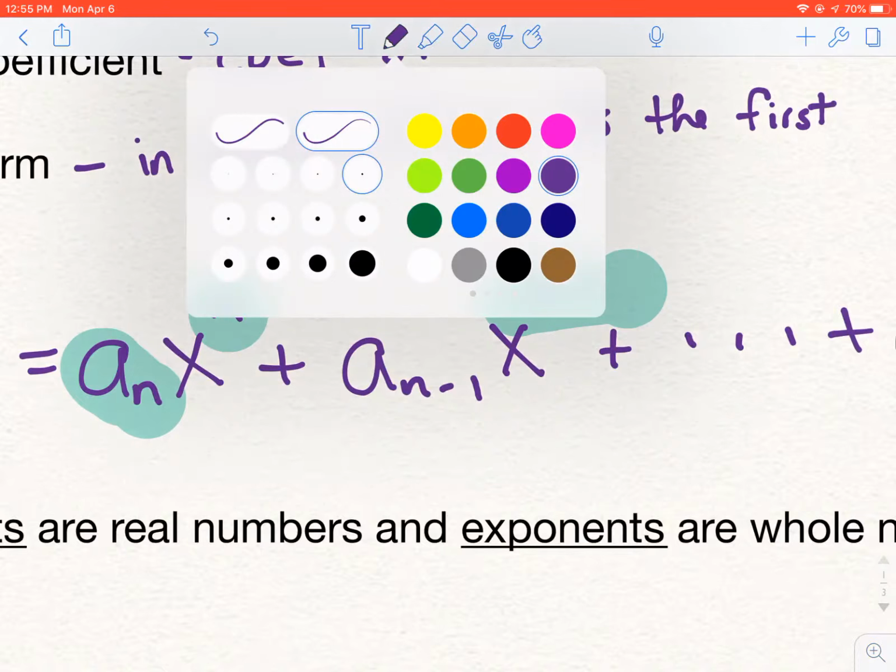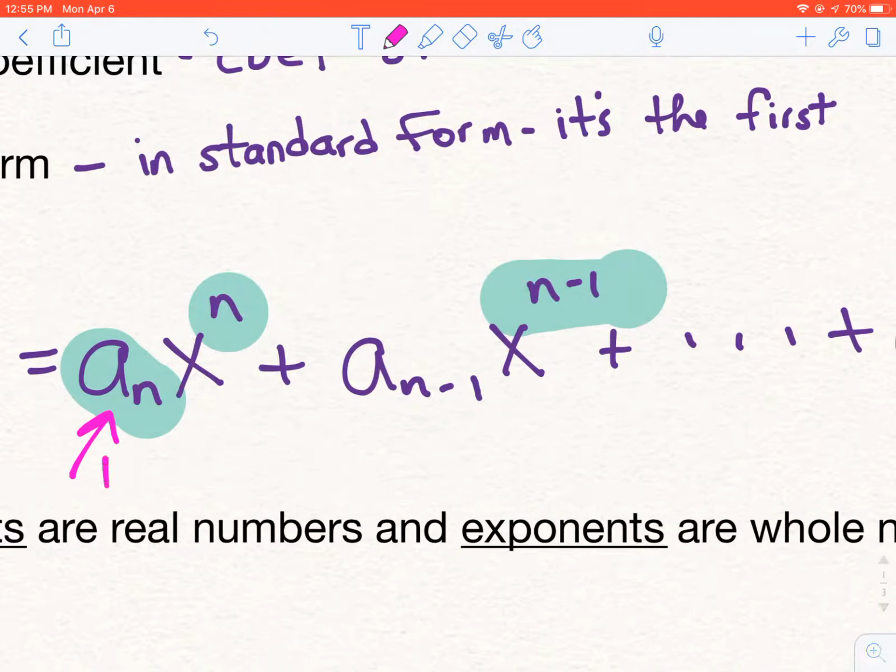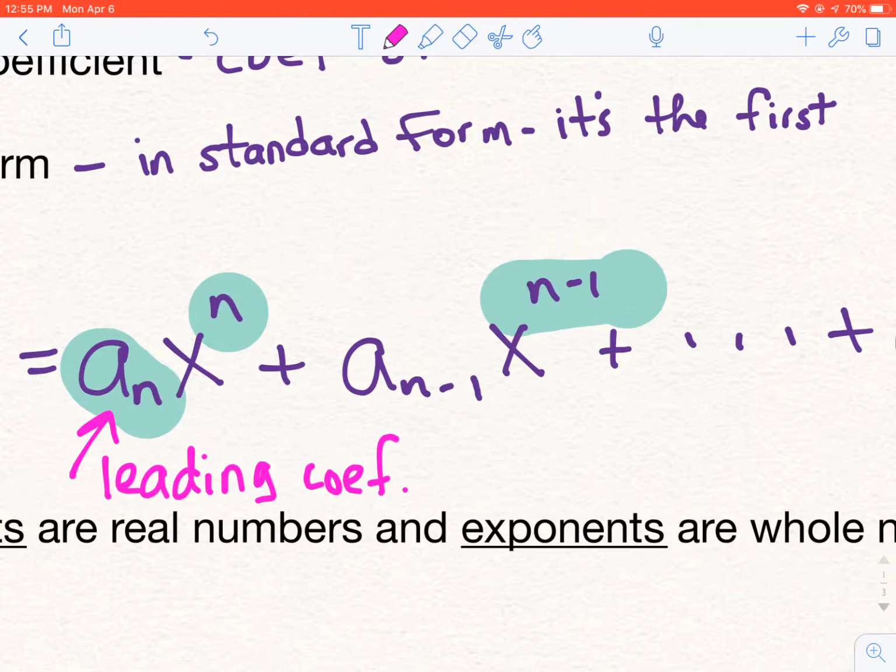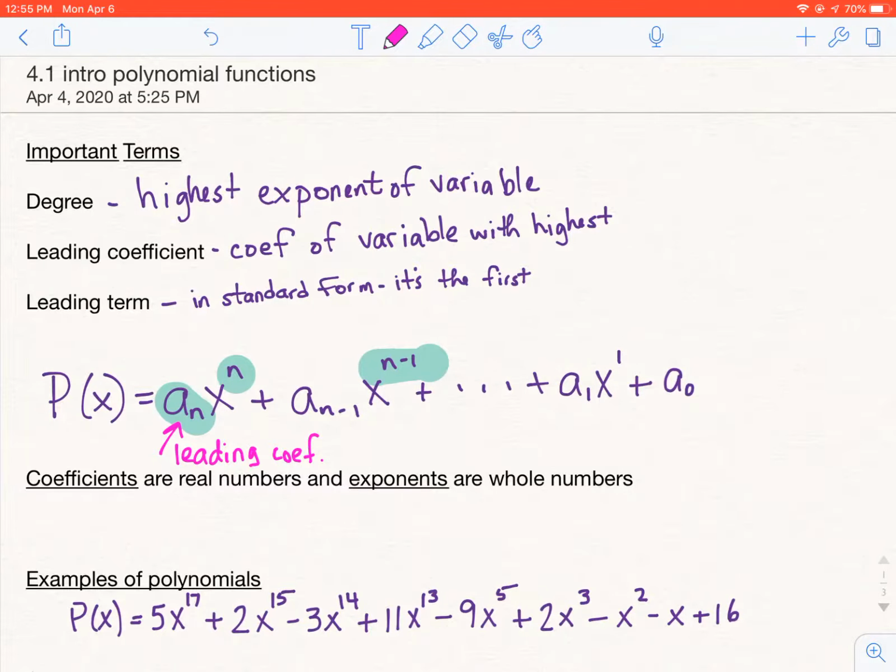So this is my leading coefficient, because it's the first one, the one with the highest exponent. And then a sub 0 or a sub naught, whatever you want to say, that's the last one. That's the term that has no variable.